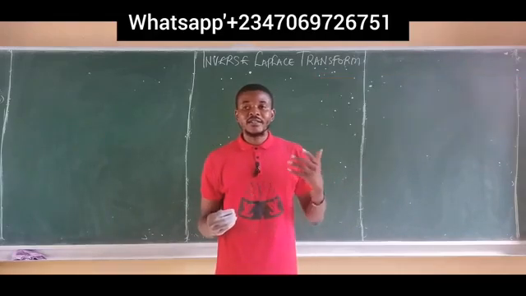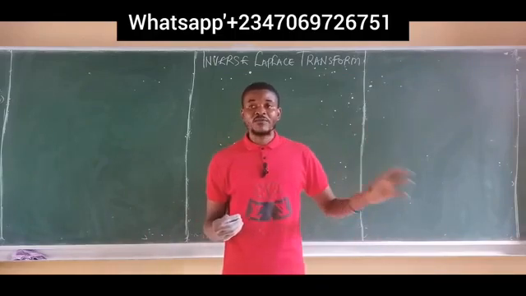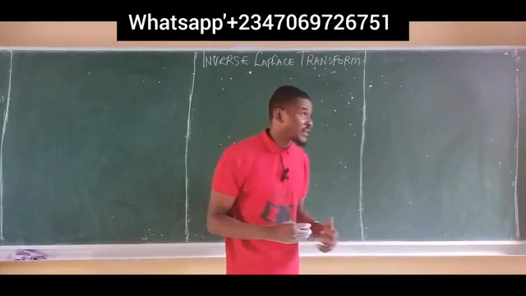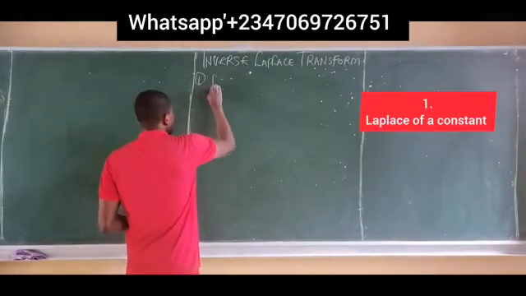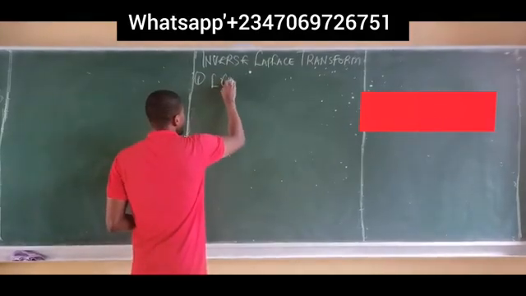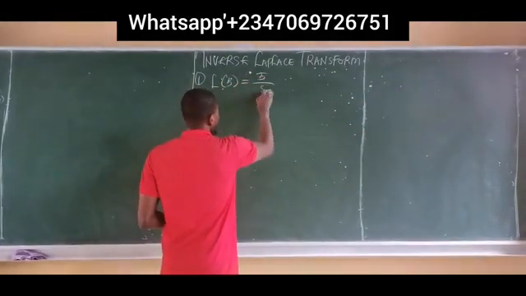For instance, in the table of standard values, which I've talked about in the previous three videos, I said the first is the Laplace of a constant. So if you're asked to find the Laplace of 5, this simply means 5 all over s.